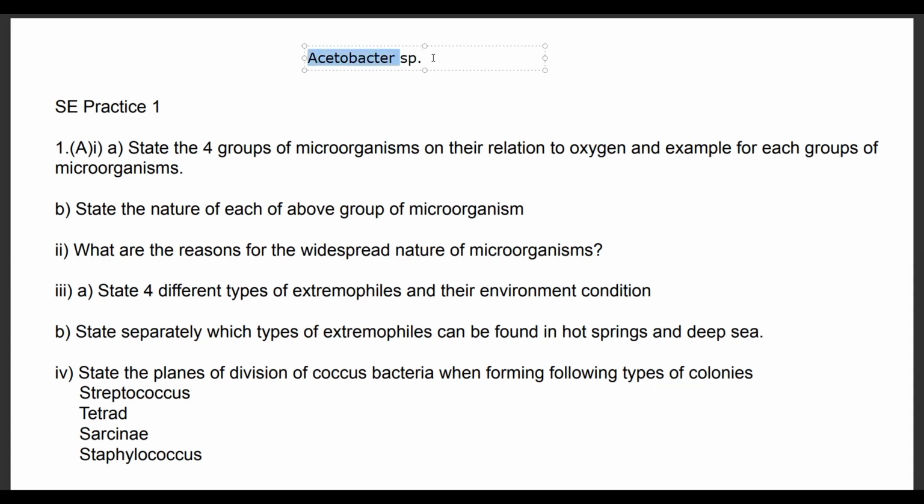This should be italicized. And the other one is Azotobacter. Azotobacter. Write that also. Acetobacter species. You have to underline.